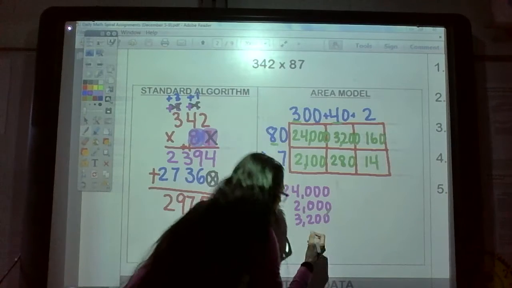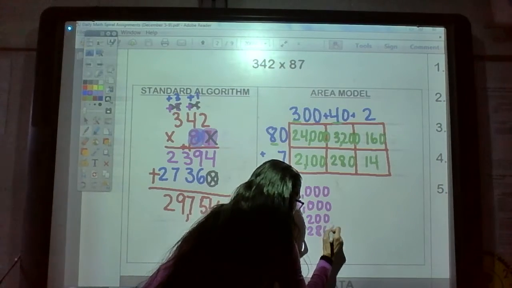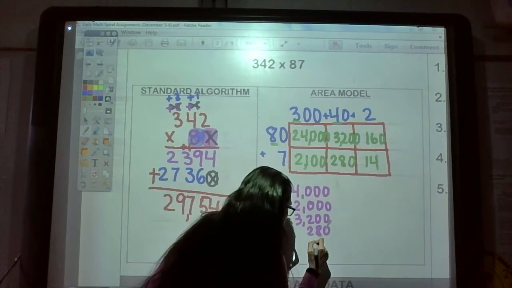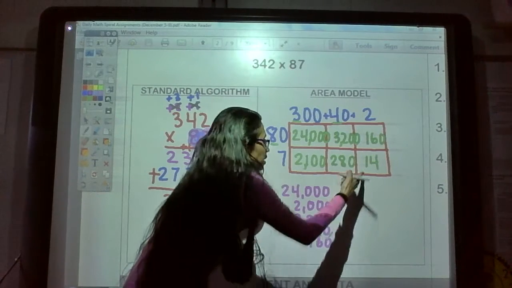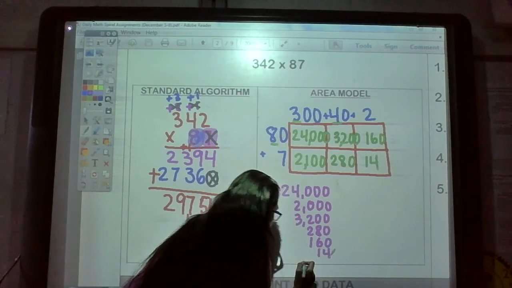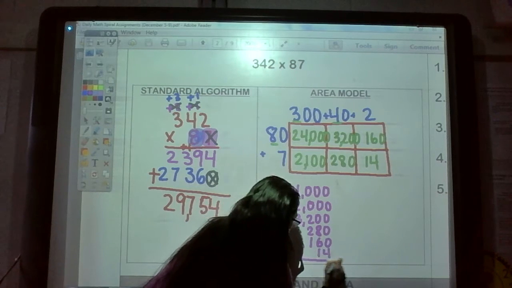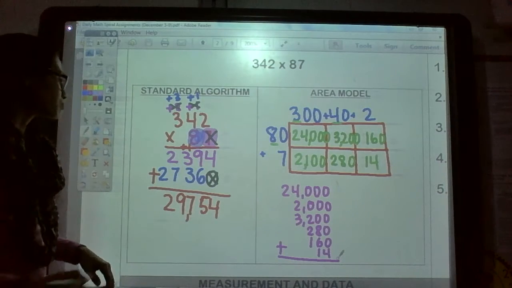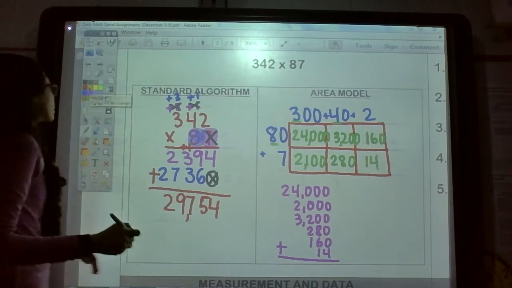The next number is 280. Next number is 160. And the last number is 14. Okay, make sure that they are all lined up nice and neat. All right, let's add those numbers together.